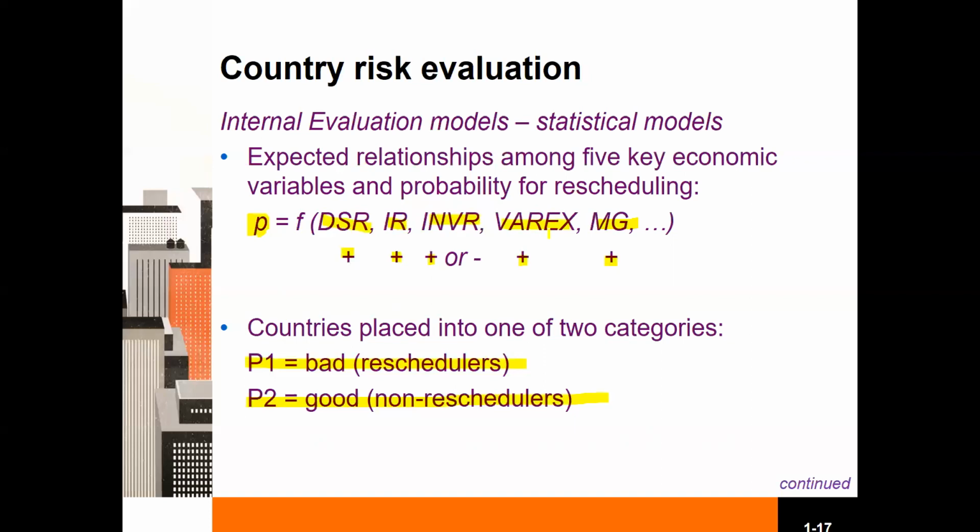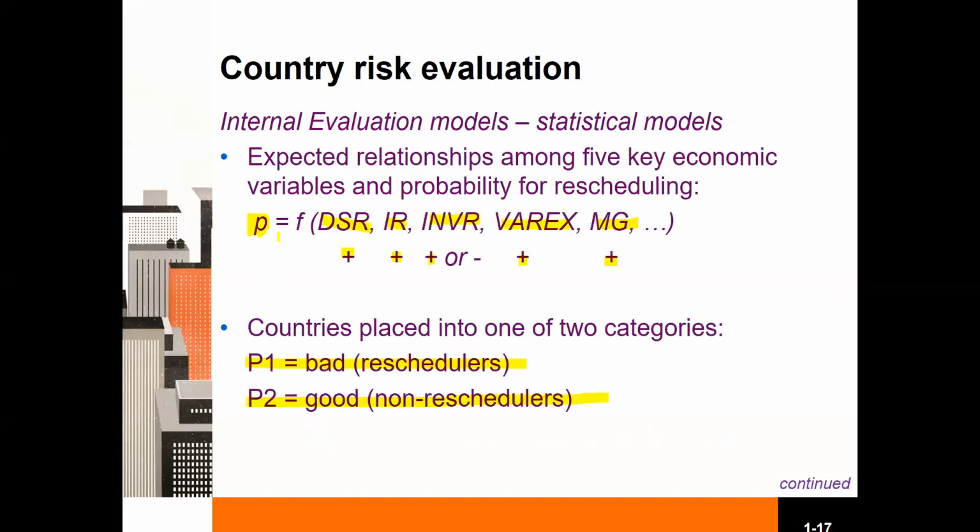Once the key variables and their relative importance or weights have been identified, as you remember we learned earlier, when we run a regression or a discriminant analysis, we get coefficients that indicate the weights. Once these weights have been identified, the discriminant function can classify as good or bad current sovereign loans or sovereign loan applicants using currently observed values of these ratios.